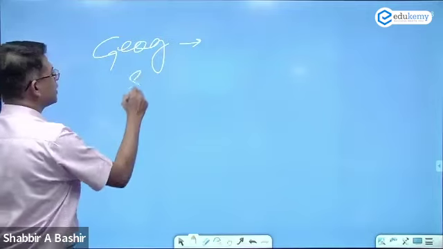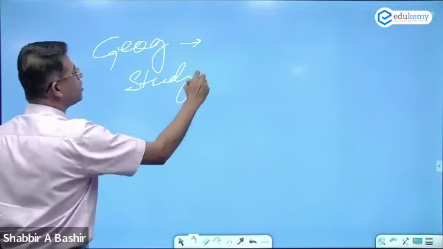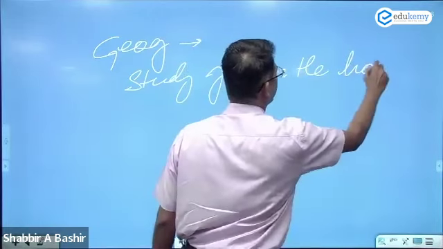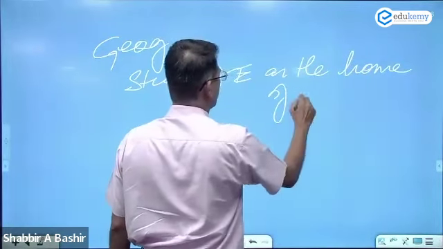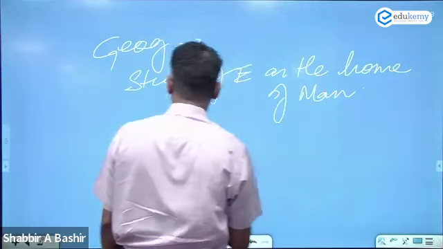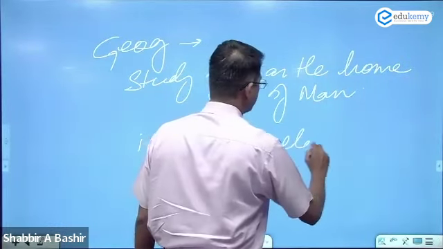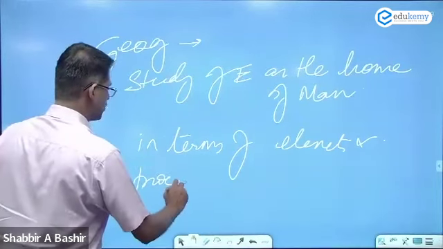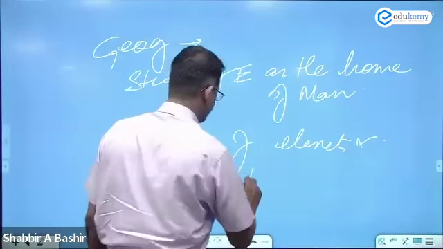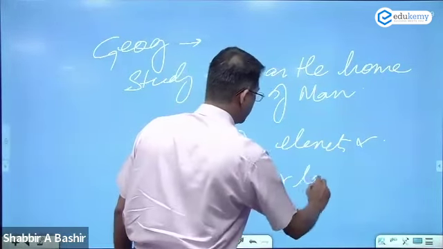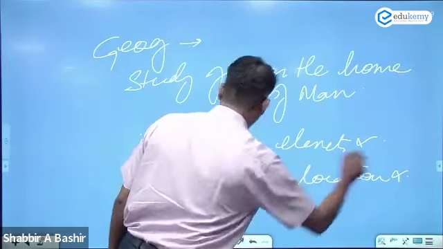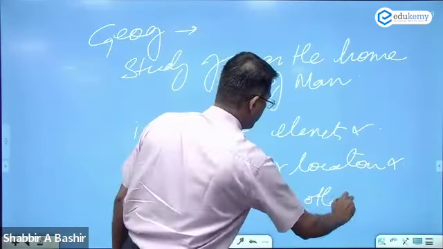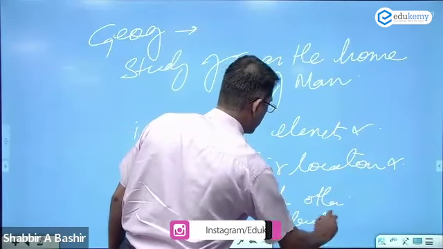Geography is the study of Earth as the home of man, in terms of elements and processes, their location and relationships with other elements of Earth.